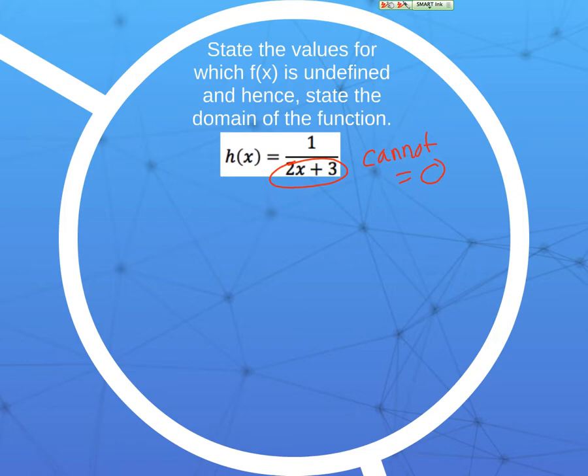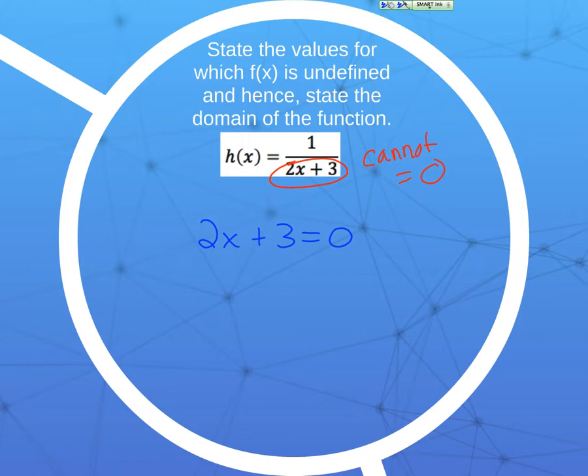So this one we're going to approach a little bit differently. Mostly the same, but a little bit differently in how we think about it. We know it can't be 0, so we need to find that one value that would make it 0. So we're going to look to see, when does this equal 0? Instead of setting up an equation for what works, I'm actually going to look for what doesn't work here.